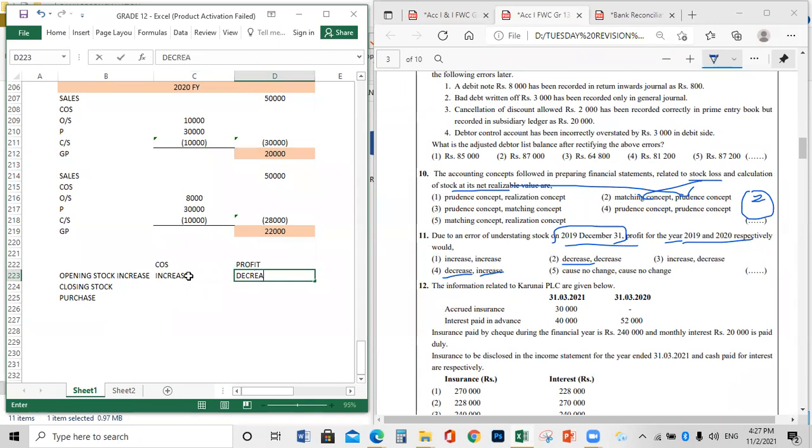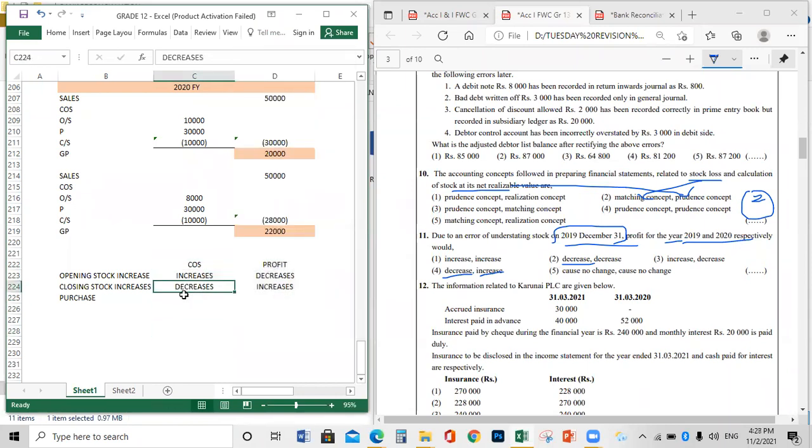Profit decreases. Let's say the other one. If the closing stock increases, what happens to cost of sales? Cost of sales decreases. You can just put values and find out, guys. When closing stock is increasing, cost of sales decreases, which will increase your profit.